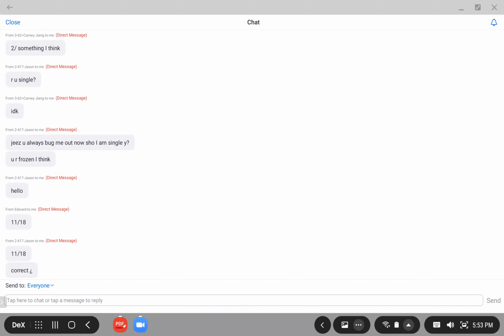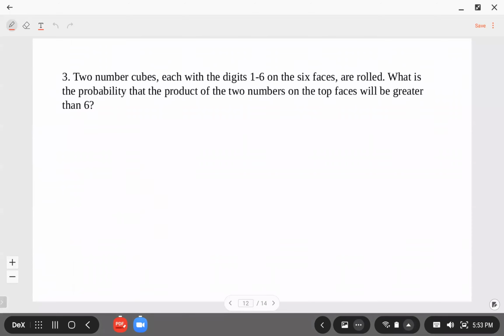let me see this question. Okay, two number cubes. 1, 2, 3. On the outcomes 36. Product of the two numbers. We have how many? We have 3, 4, 5, 6.